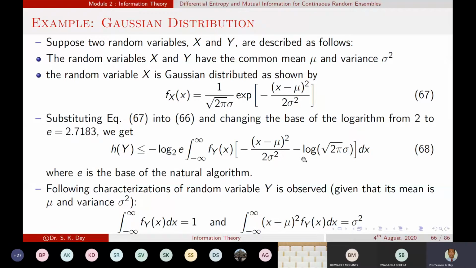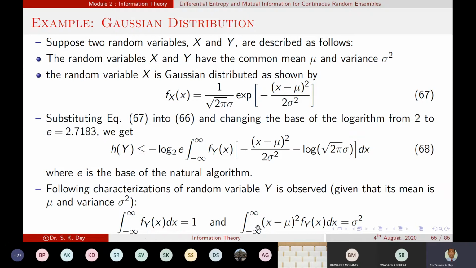One term. The second term is also a constant, so we will take it out. Now if we take it out in the second term, what is there? Integration from minus infinity to infinity of f y of x dx.